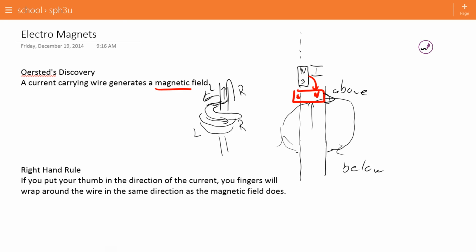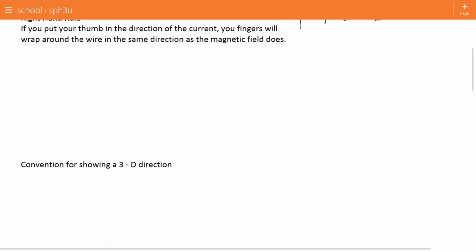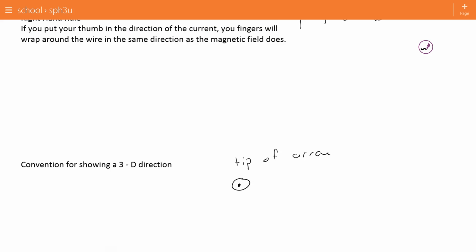There's a special convention to help with drawing things in three dimensions. That convention suggests that if you're coming out of the page, you can imagine that that's like the tip of an arrow, and you're in the wrong spot because that arrow is flying towards you, so that's coming out of the page.